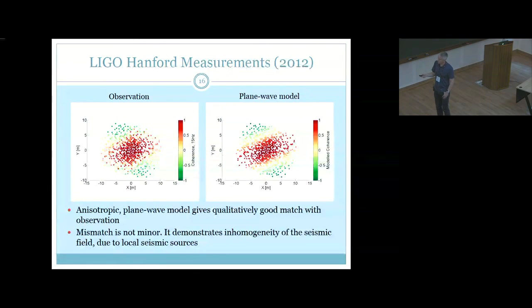So that is very good, because the fact that we can model this quite precisely by an anisotropic plane wave model tells us that once we have a Newtonian noise cancellation system installed there, it will be extremely effective. Whenever plane wave models can give us good matches with observation, we know that Newtonian noise cancellation will be extremely effective.